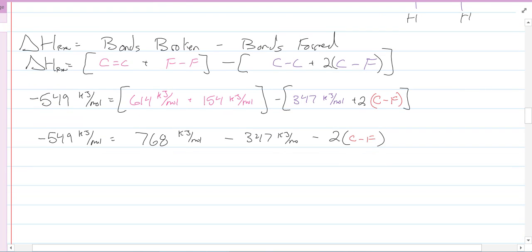Bring everything over to the left-hand side, I will get negative 970 kilojoules per mole equals negative 2 times CF. So that means the CF bond energy is around 485 kilojoules per mole. And that's all we did there.